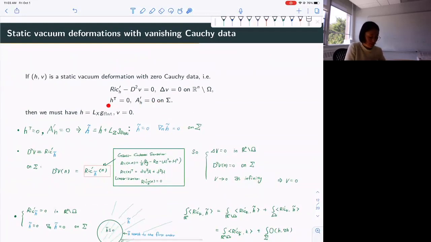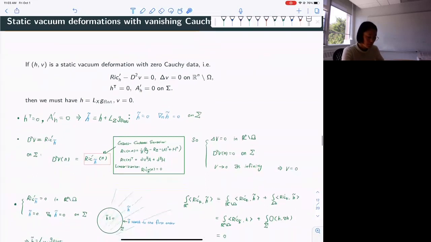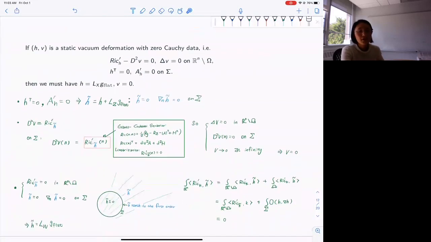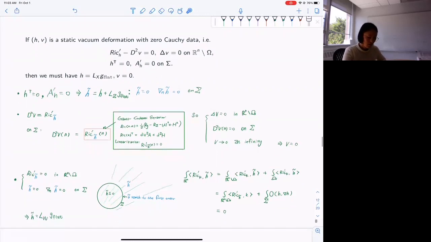Okay, we call this the Cauchy data. Okay, so we show that if H is static vacuum with 0 Cauchy data listed here, then HV must be trivial, in the sense that HV must be a deformation generated by diffeomorphisms. Okay, so here is a rough sketch of the proof.